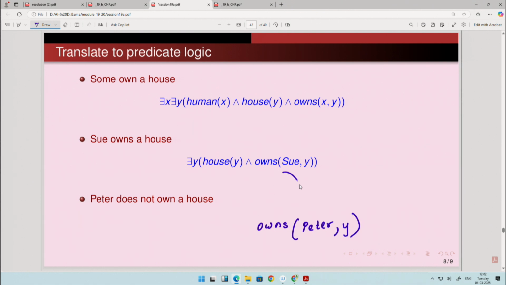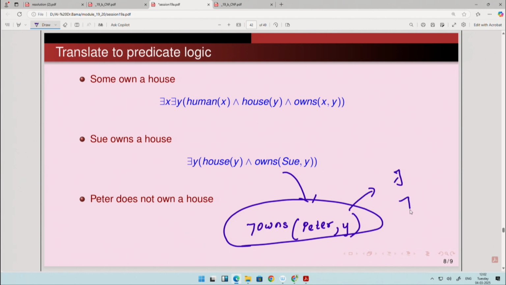You can derive from here. Peter does not own, it would be something of the form, and please think about it, how we can represent it using there exists also a negation with not owns. Will the negation come before there exists, or will it come before for all? You think about it, and we will discuss this in the next class, the representation of Peter does not own. Again, this will be a form of how we derive from Sue owns a house.